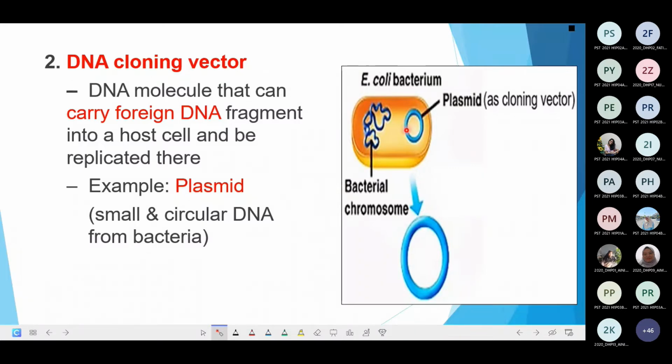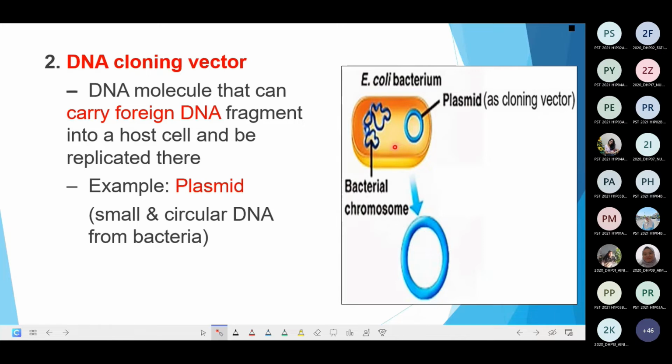It is smaller than this main chromosome of the bacteria, and it is circular. Dia membulat like a ring. Maybe there will be a few plasmids in one bacteria. Maybe there is just one plasmid in one bacteria, or there might be no plasmid at all in a particular bacteria. Depends on the bacteria itself.